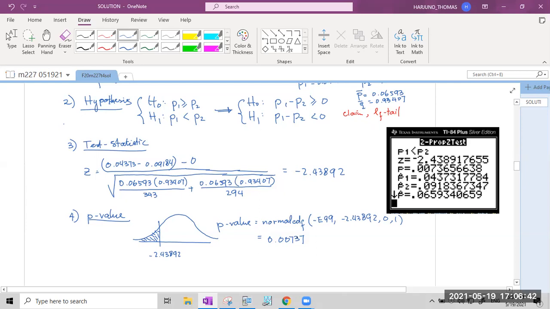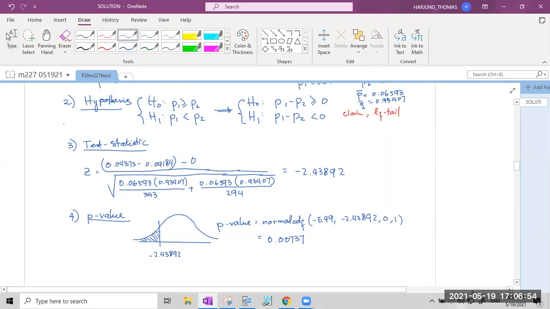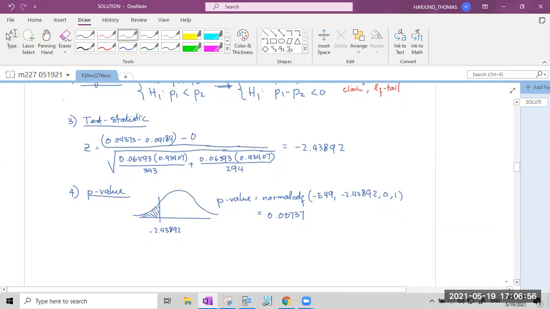Okay, remember, we can use the calculator only to get step 3 and step 4 actually. You still need to set it up. You still need to conclude that.